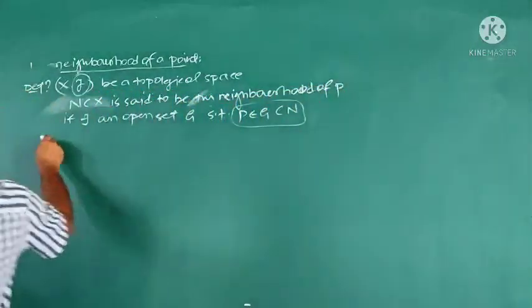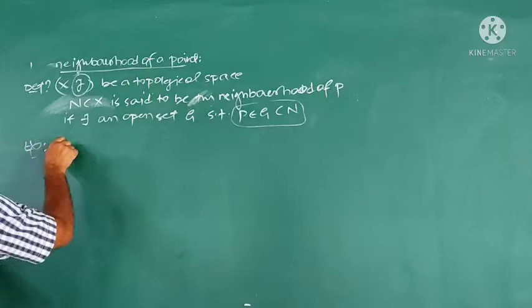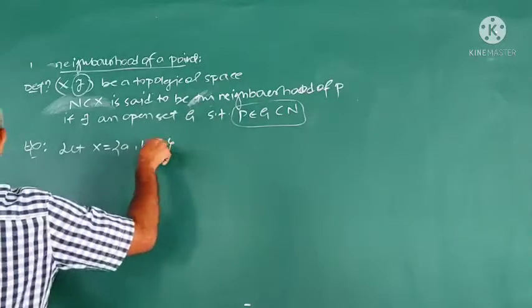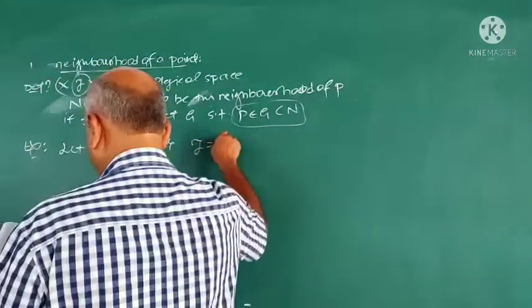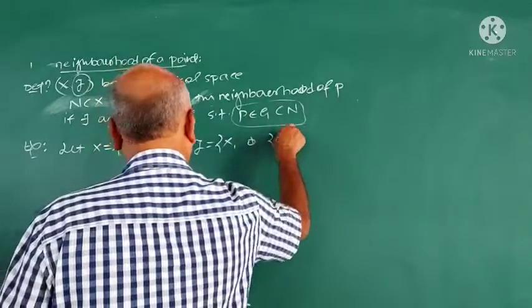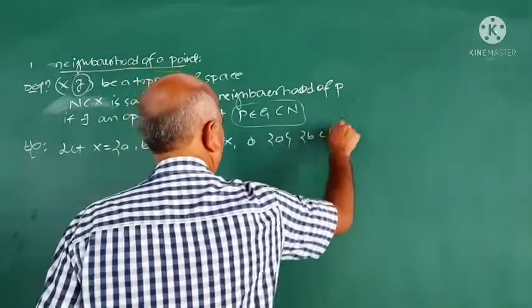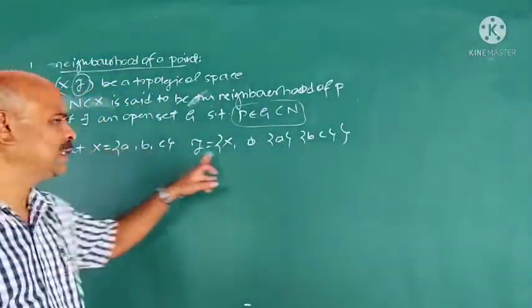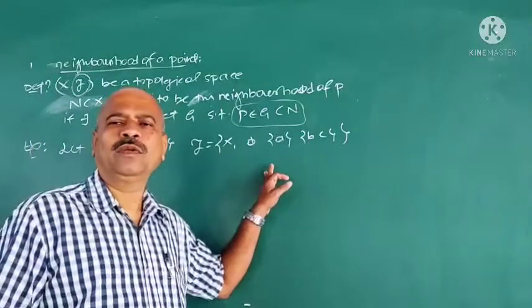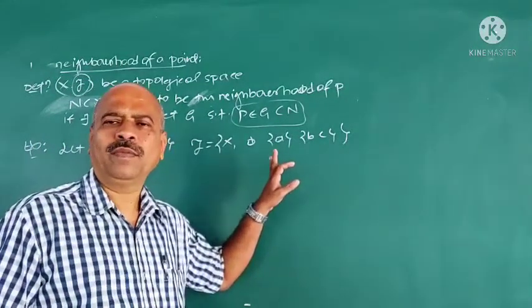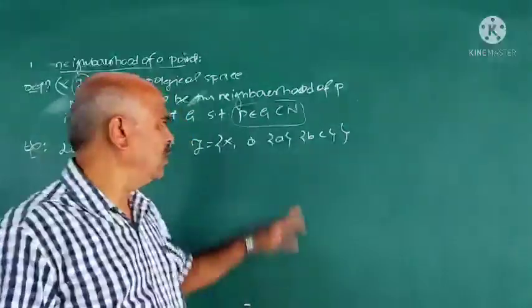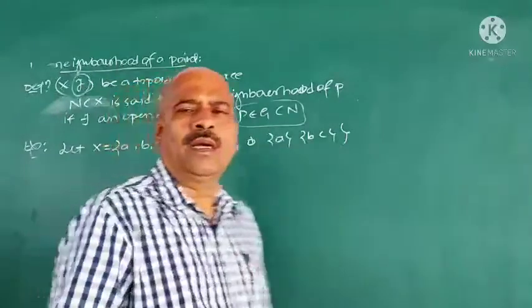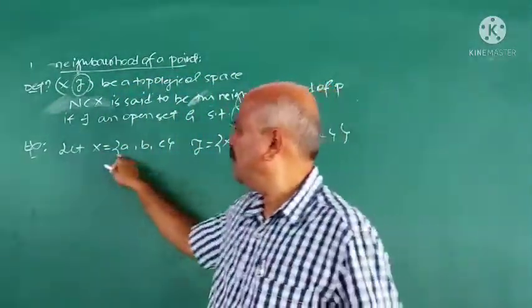See, I take an example which will be more clear. Let capital X be equal to {A, B, C}, and tau is equal to {X, phi, {A}, {B, C}}. Then this tau is a topology on X. That verification is left to you as an exercise. You will understand if you solve this problem.